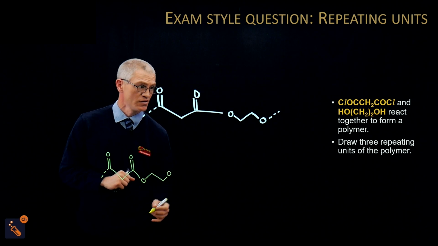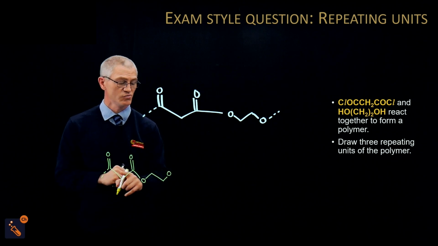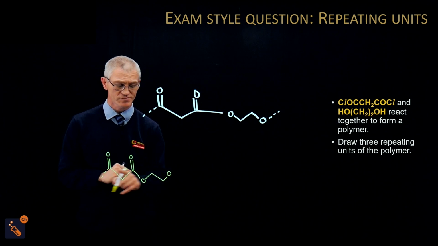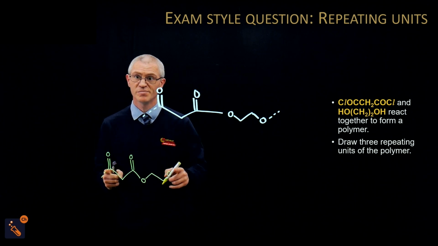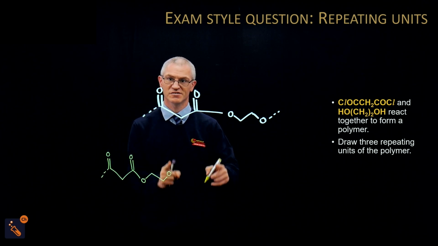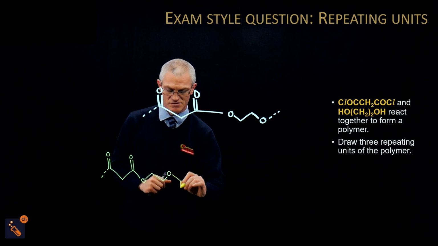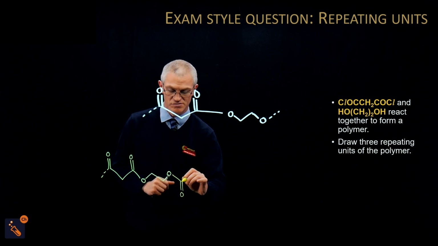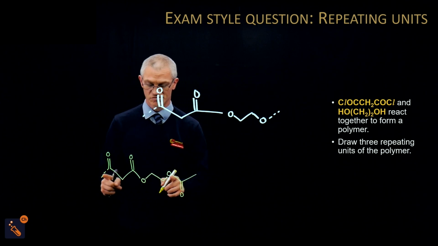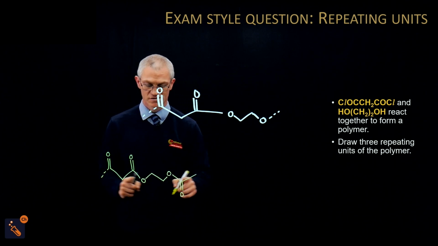And there is 1 repeating unit. Can you see that? So it's 1 repeating unit. Done. I then have to repeat the unit. So I have to take that and then put it on again. So that means I'll go to another one. Again, I'm just copying this whole section. So copying that whole section here again.